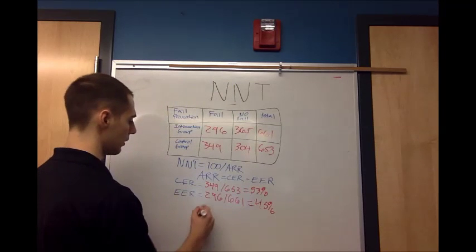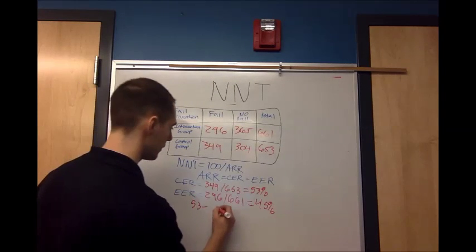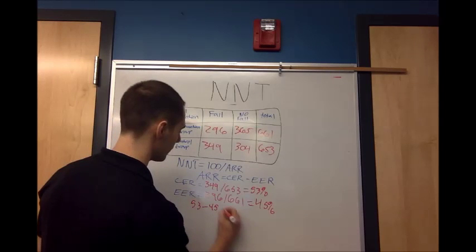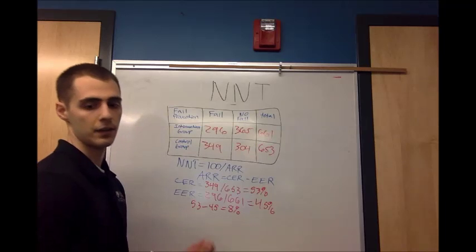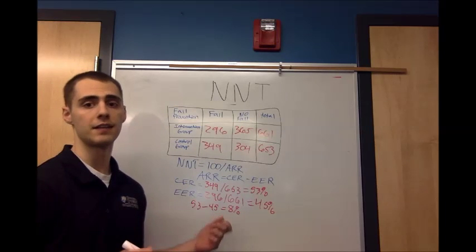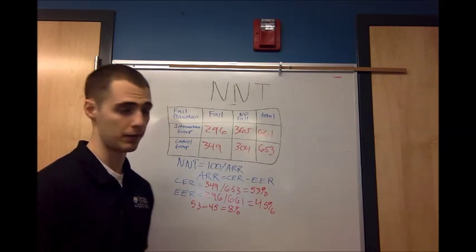Now, to get our absolute risk reduction, our difference will be 53% minus 45%, which is 8%. What this number is telling us is that the intervention reduced the risk of falls by 8%.